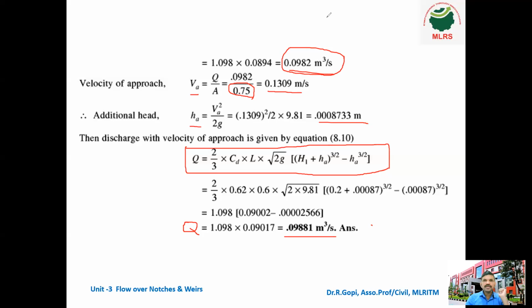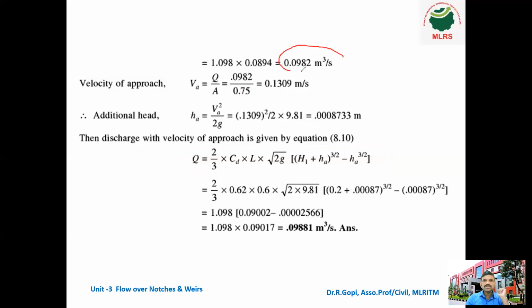Now finally you can compare this discharge and that discharge. What do we observe? Compared to the earlier Q value, this Q value slightly increases: 0.0982 there, but 0.09881 here. Why does it increase?